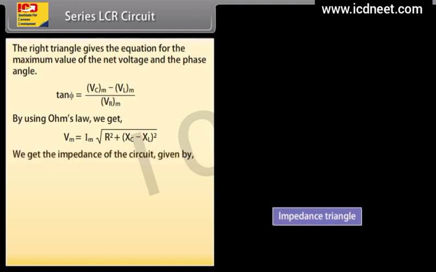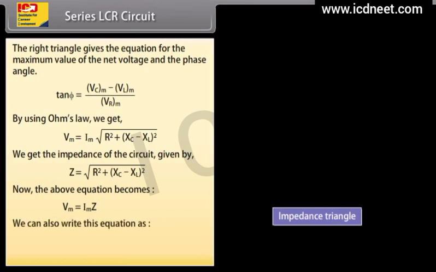We get the impedance of the circuit given by Z equals under root of R square plus XC minus XL square. Now, the above equation becomes Vm is equal to product of Im and Z. We can also write this equation as Im is equal to Vm upon Z, or IRMS is equal to Vrms upon Z.